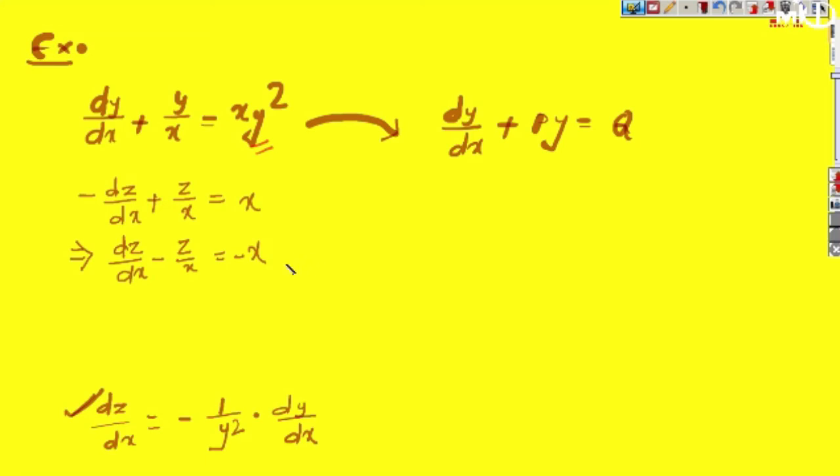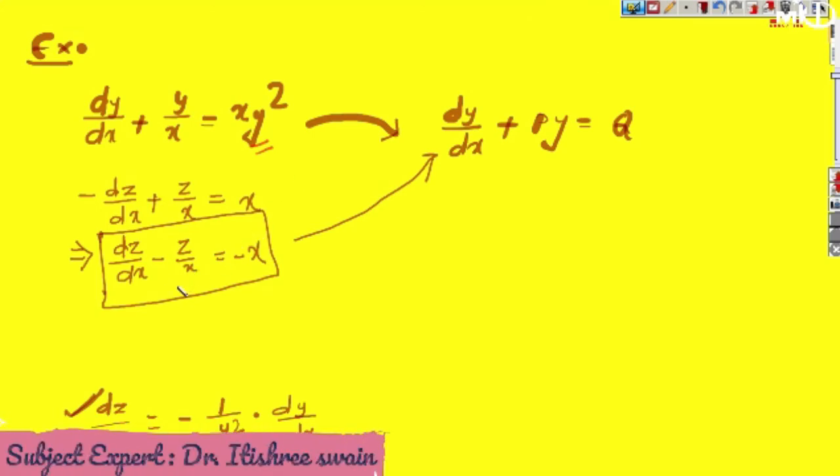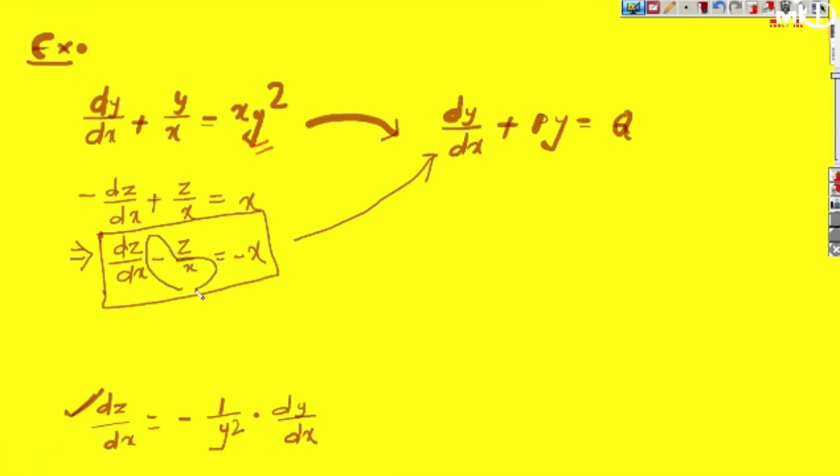Now friends, you see this Bernoulli equation now reduces to our linear differential equation, which is in the form of dy by dx plus py is equal to q. Now p is equal to minus 1 by x. This is our p. So we find the integrating factor.